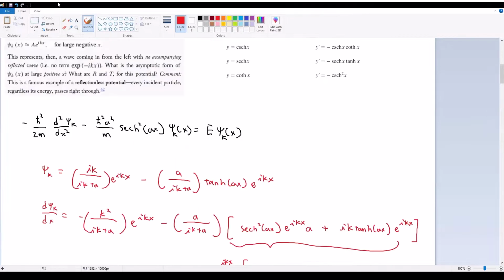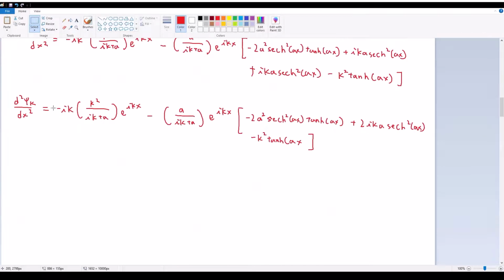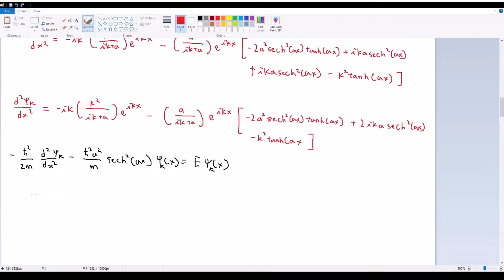Okay, now we plug this back in to the top here. So what's this going to give us? Negative. So the two negatives make a positive. So I'm going to actually rewrite this as h bar squared k squared over 2m, and then put the ik inside. So ik over ik plus a, just to conform with sort of what we've been working with so far.